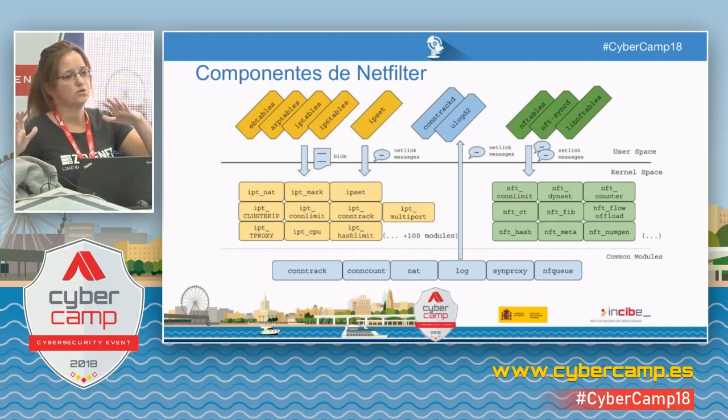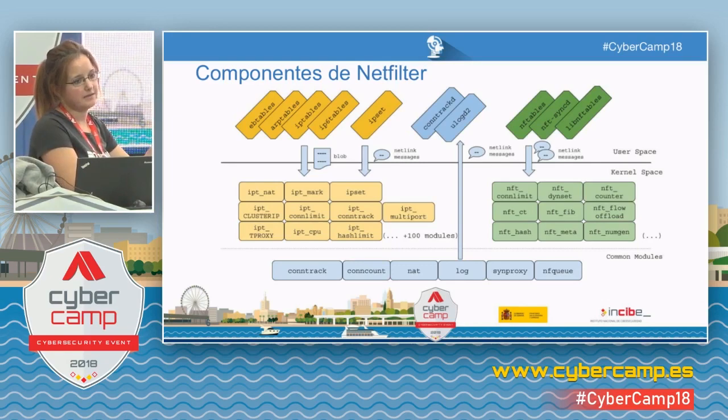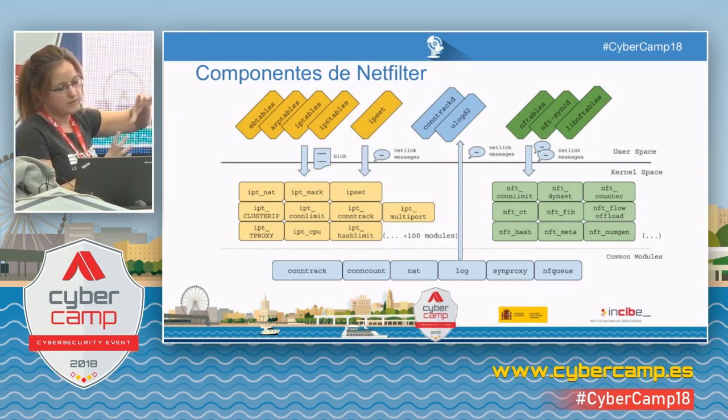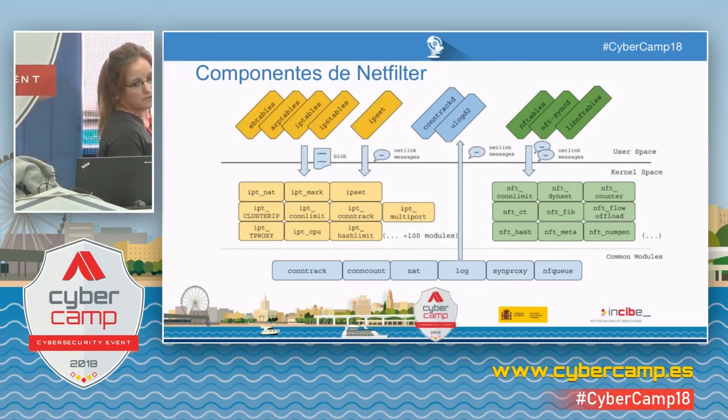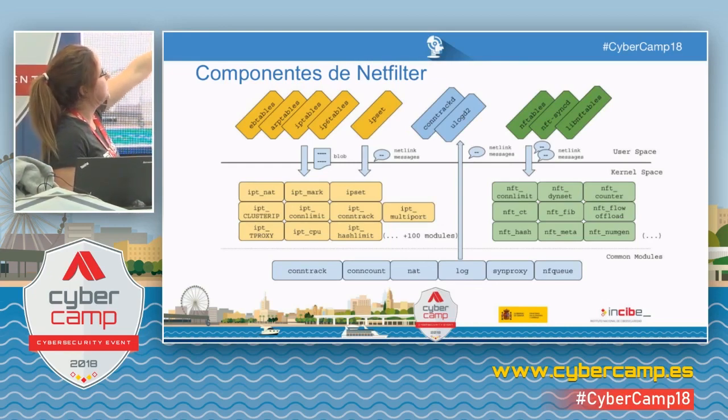send a very long message with all the information for the rule that you want to have at the kernel level. There's a long message sent to the kernel space to different modules.